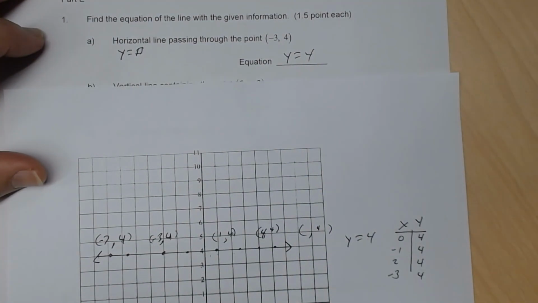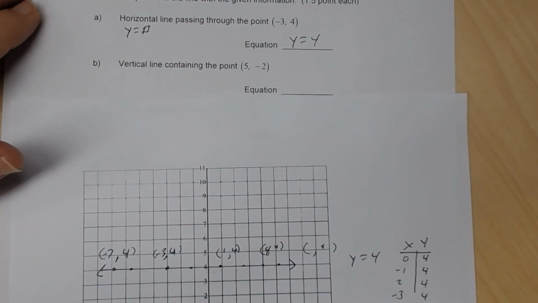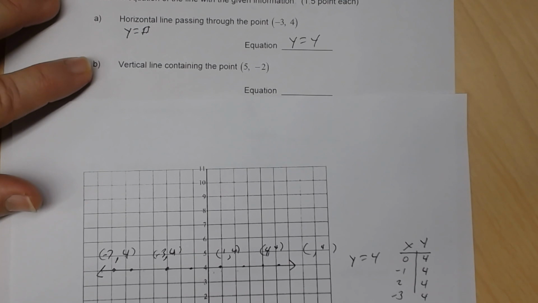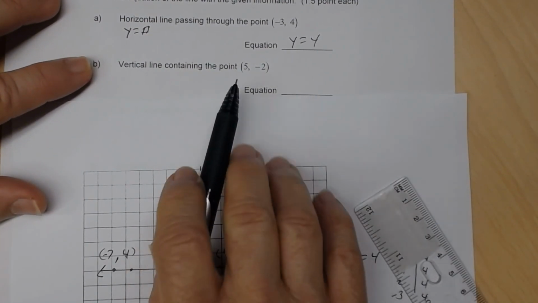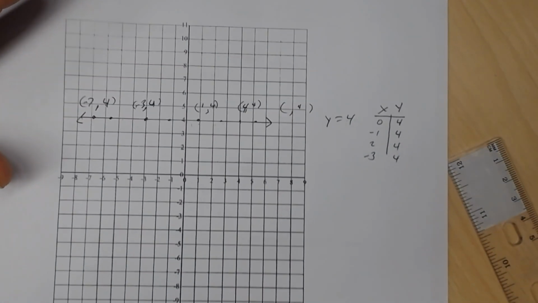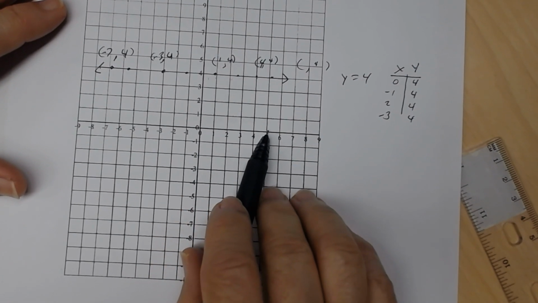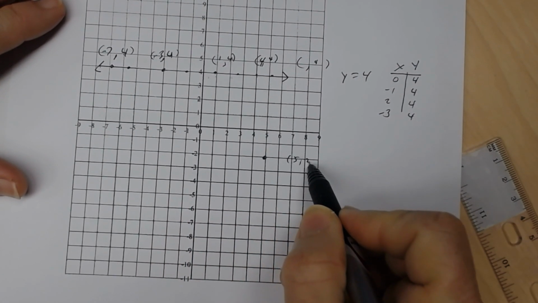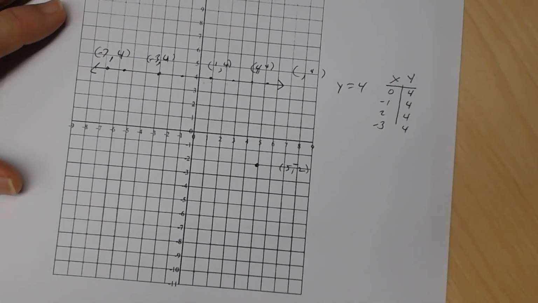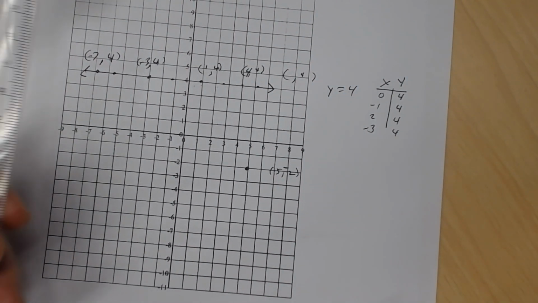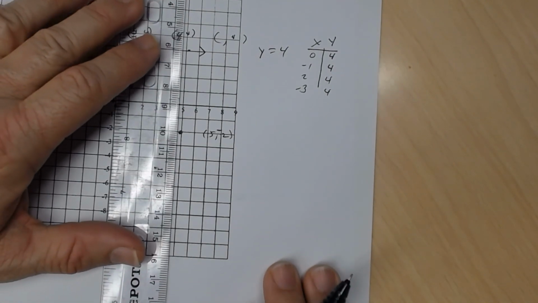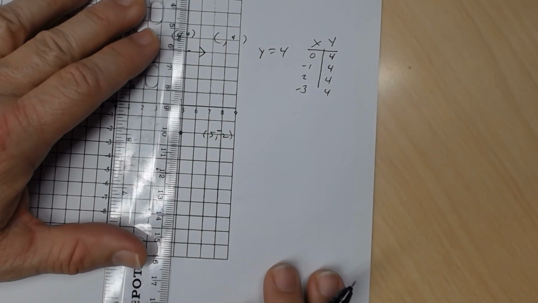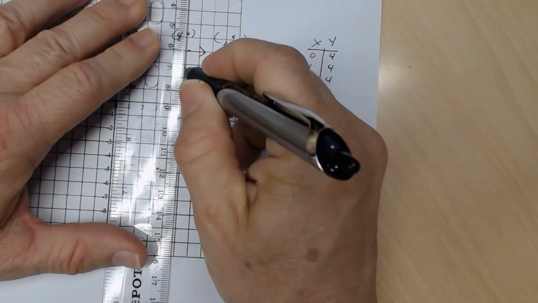All right. Now, in letter B, you're dealing with a vertical line. So if I plot the point 5, -2, so here's 5, here's -2. And if I draw the vertical line that goes to that point, I get this vertical line.